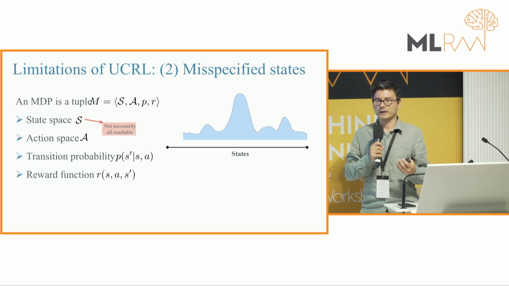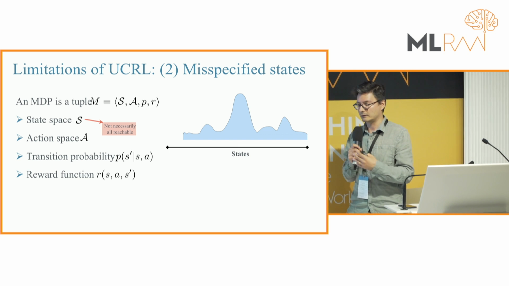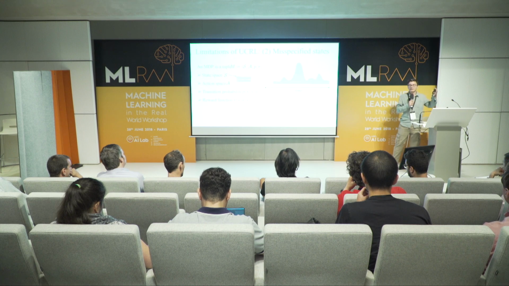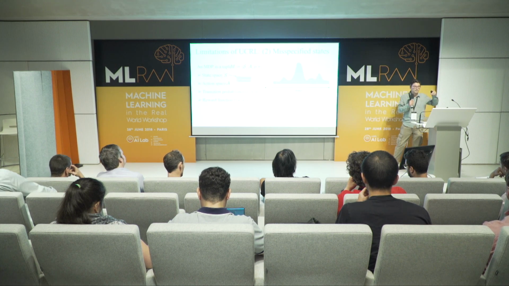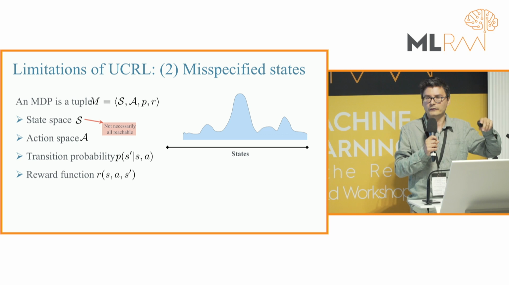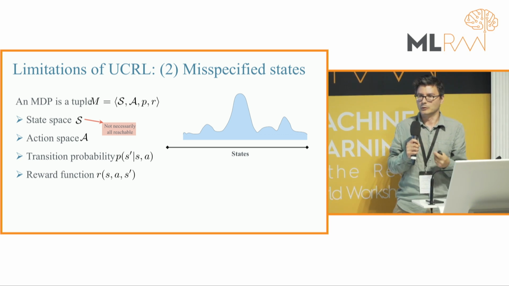Just because it's practical, imagine that I have a state which is defined over a navigation problem, which is X and Y in this room, for instance. So it's very convenient to define the state space as all possible coordinates in this room, except for the fact that there are columns, and there are states, so specific configurations of points X and Y, which are not reachable.